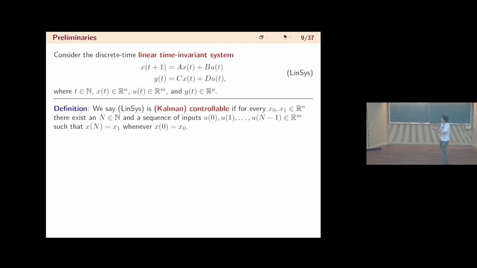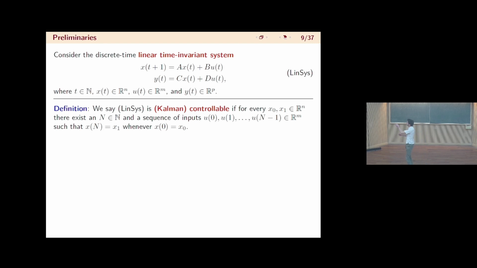So then you know that we call a linear system of this form controllable, or Kalman controllable, if for every pair of states, x0 and x1, there exists an n and a sequence of control inputs, u0, u1 up to un minus 1, that essentially steers my system from x0 to x1, right?